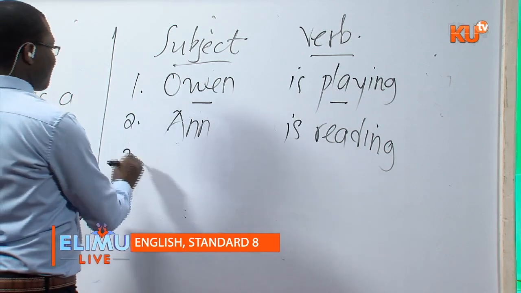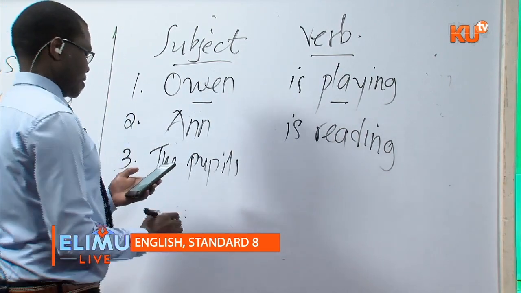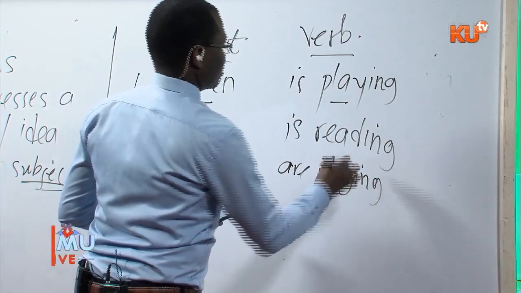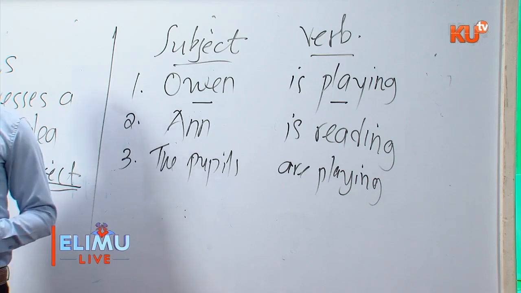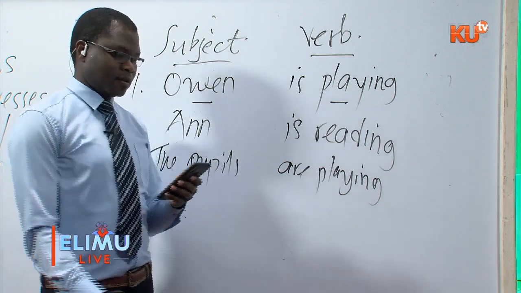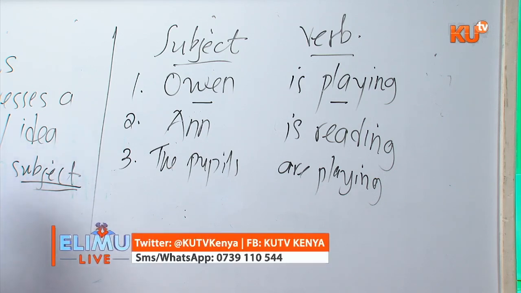Another example, the pupils are playing. In this sentence, the pupils is the subject, and are playing is the verb. Those are the basic examples I can use to define what a sentence is, and it is as simple as that: a subject and a verb.